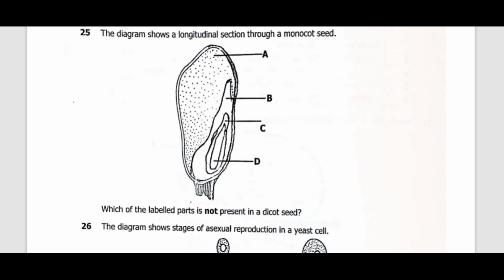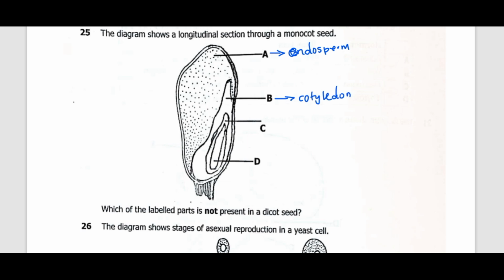The diagram shows a longitudinal section through a monocot seed. This is our endosperm. Then our B is our cotyledon.